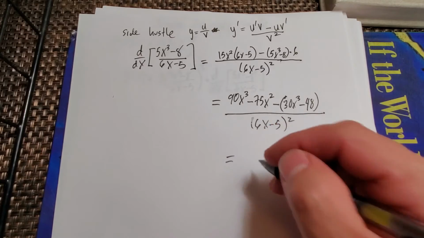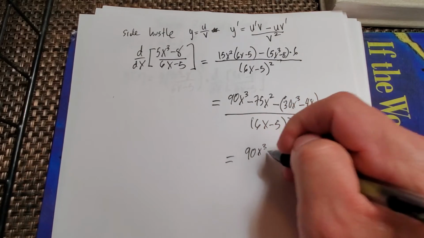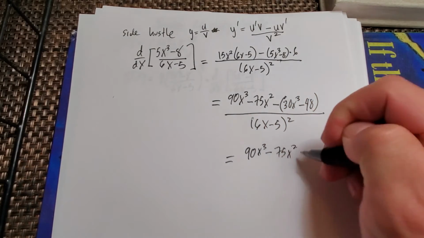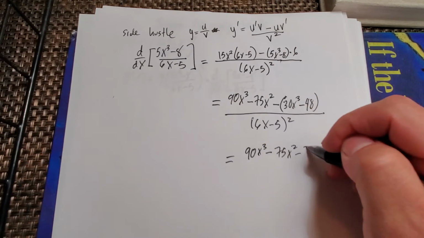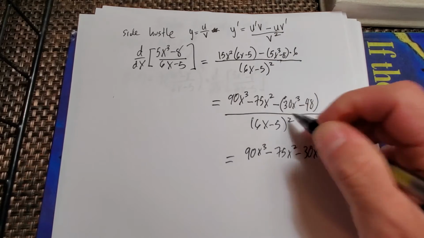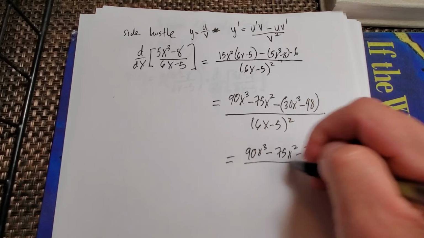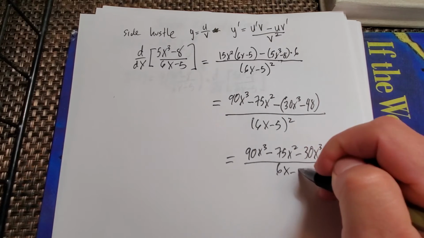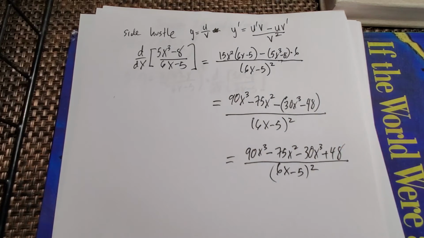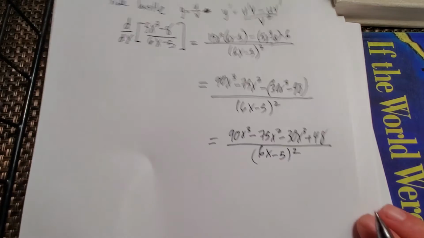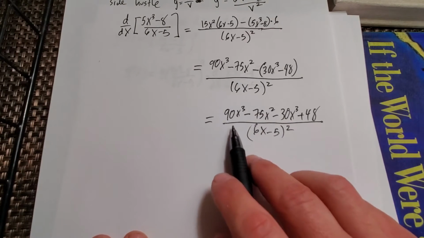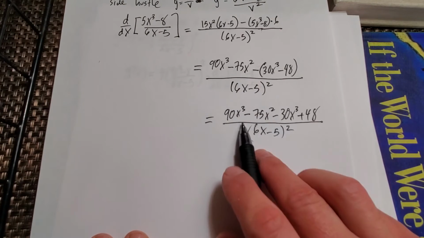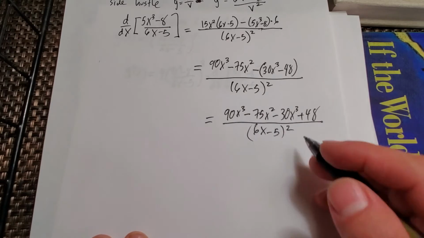Now let's distribute the minus sign. So everything else stays the same for now. Minus 30x cubed plus 48 all over 6x minus 5 squared. Now we can begin to collect and combine the like terms, which there's only two, 90x cubed minus 30x cubed.